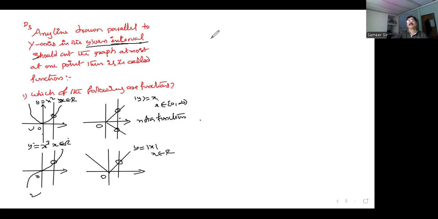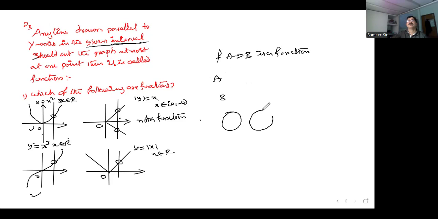What is the domain? See guys, suppose I write here clearly, if I say that A to B is a function, then A is called its domain and B is called its codomain. Please remember that A is called its domain and B is called its codomain. Suppose I write one example.